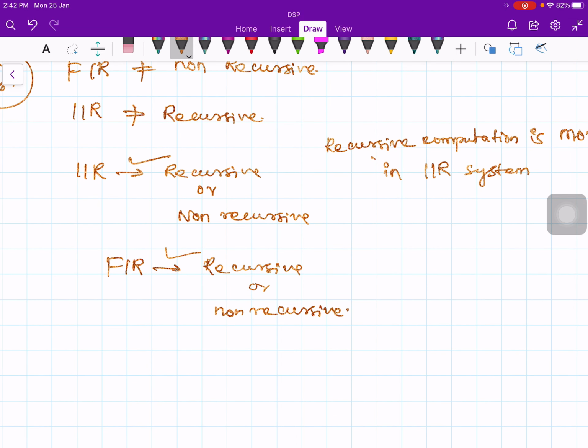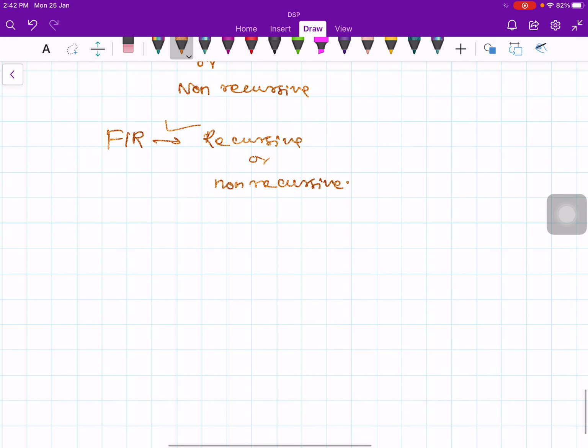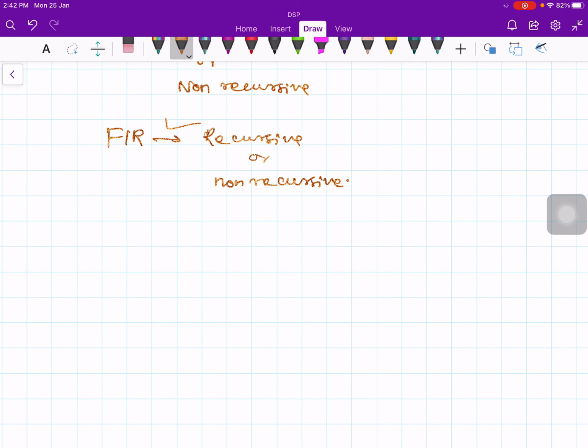Similarly, FIR filters can also be computed recursively. Let us take an example of how we can write the FIR filter recursively. So y of n is equal to x of n plus x of n minus 1.